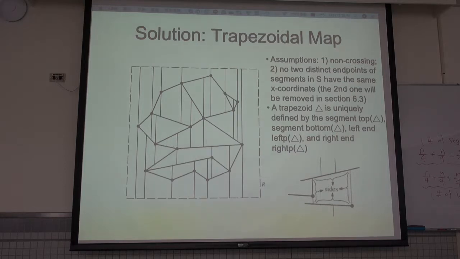Remember, in the previous chapter we assumed no two points have the same x coordinate or y coordinate, right? That's a very strong assumption. This is just half of the assumption that we used in the previous chapter.